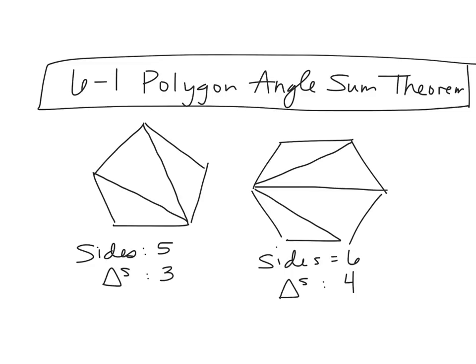The polygon angle sum theorem says the sum of the interior angles of an n-gon, okay, so say we don't know how many sides it has, as long as we can plug it into the formula, n minus 2 times 180, right? Take away 2 and then multiply by 180, we will get the sum of the interior angles.